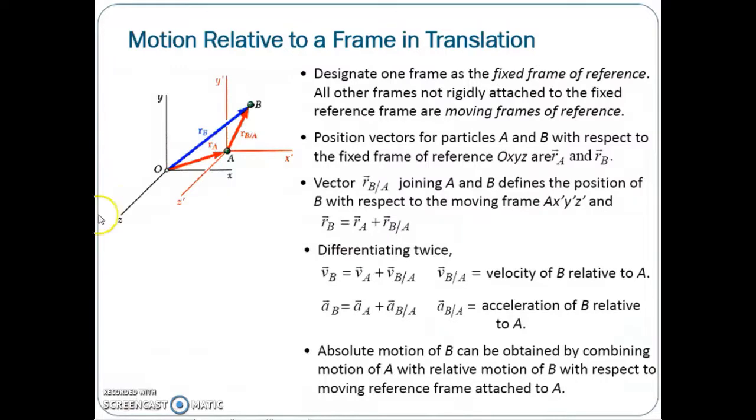Let's consider two particles A and B moving in space. The vectors RA and RB define their positions at any given instant with respect to the fixed frame of reference O, X, Y, Z. Now, if we consider a system of axes, X prime, Y prime, and Z prime, centered at A and parallel to the X, Y, and Z axes, while the origin of these axes moves, their orientations remain the same.